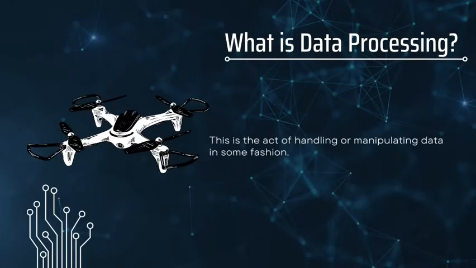What is data processing? Data processing is simply the act of handling or manipulating data in some fashion, regardless of the activities involved in it. Processing tries to assign meaning to data. Now, what do I mean?